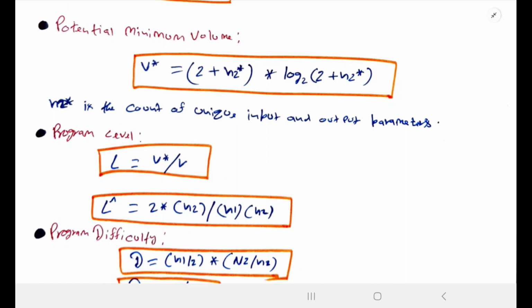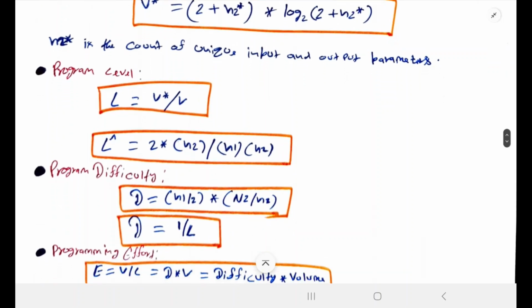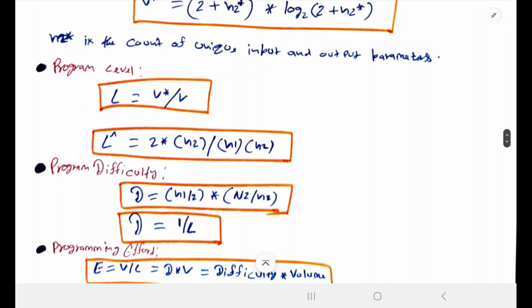Okay, now the program level L will be found by V star upon V. Another formula for this, L cap equal to 2 into n2 upon n1 n2.